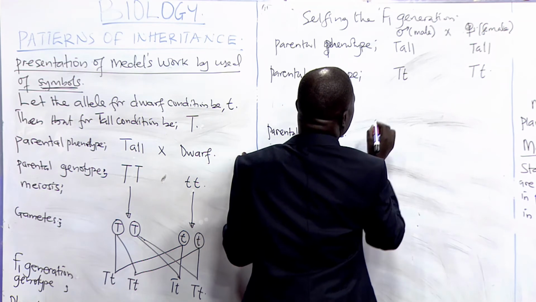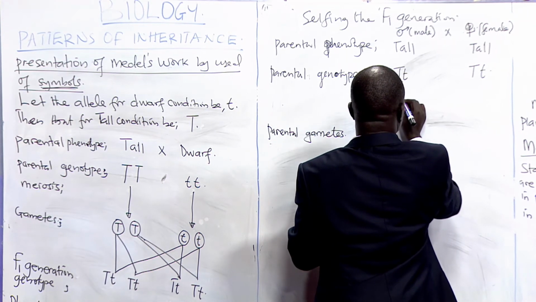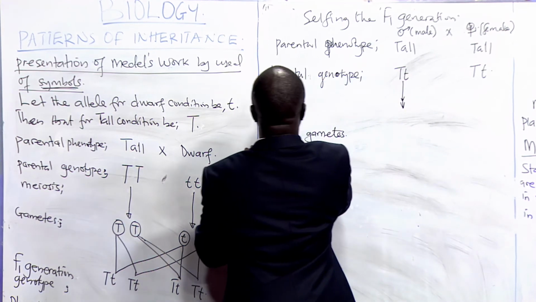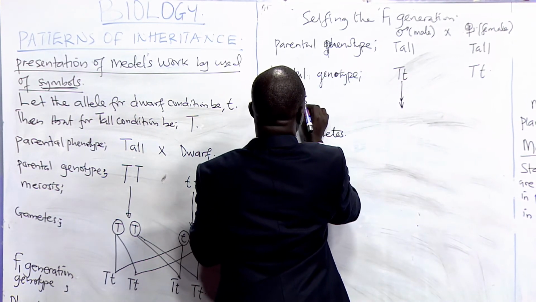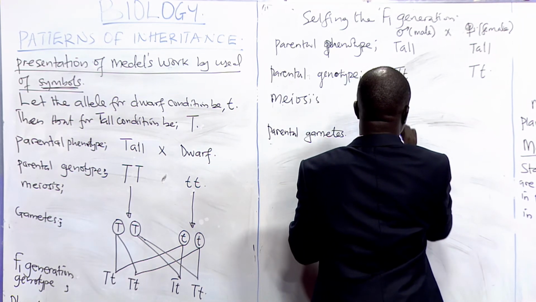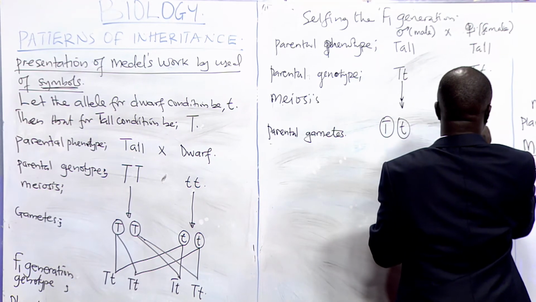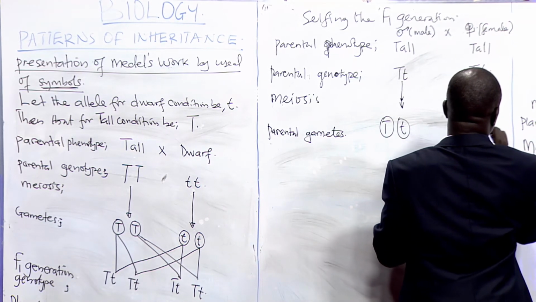The process that leads to formation of gametes is meiosis. Then we shall form T and small t, and here also we have capital T and small t.